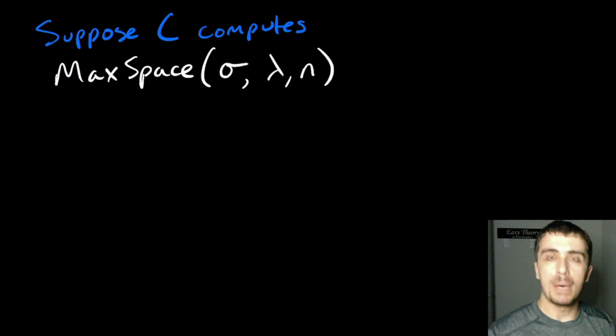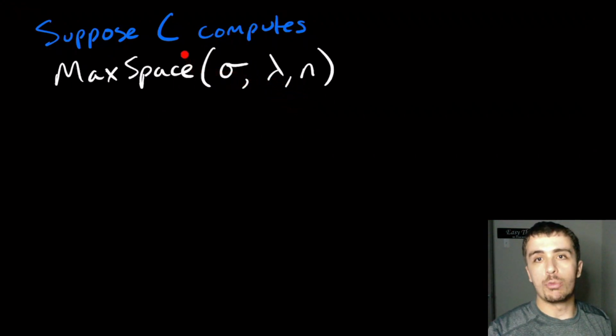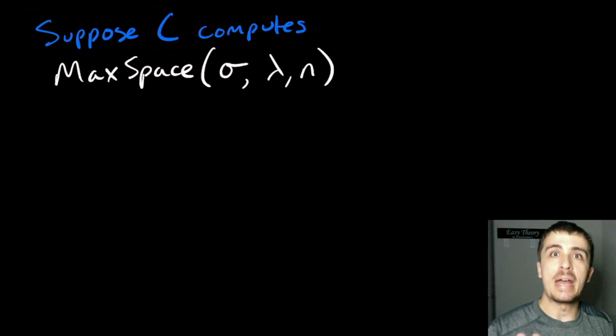So let's prove that this is not a computable number. Let's suppose that this Turing machine C computes this particular function. So it's given these three parameters, the number of states, the number of tape symbols allowed, and the maximum length of the input. We will assume that this Turing machine will figure out that number.